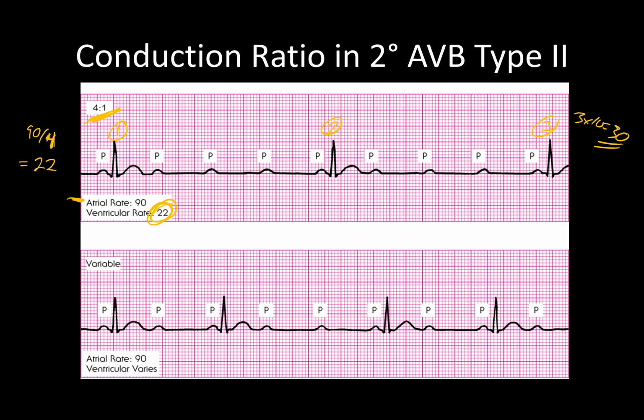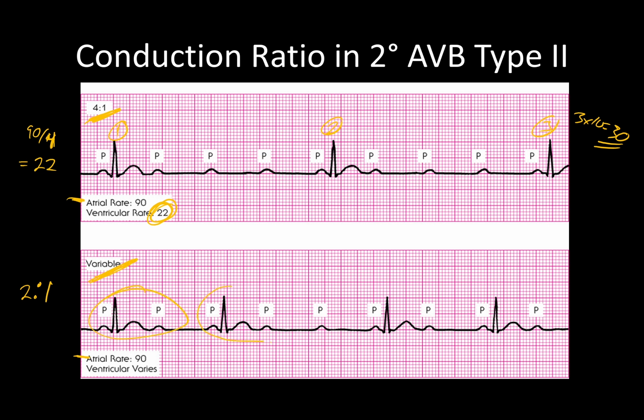Last but not least, there is that scenario of variable, because this is healthcare and there's always a gray zone. And it is not uncommon for patients to have more than one ratio or conduction ratio occurring. So if we look at this one here with an atrial rate of 90 again, this patient actually is bouncing between a 2-to-1, so we'll say 2-to-1, and that's what this first section is here.